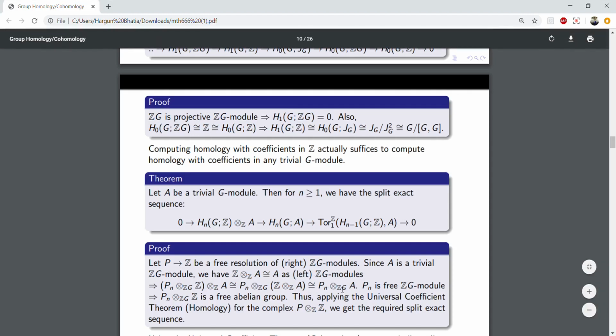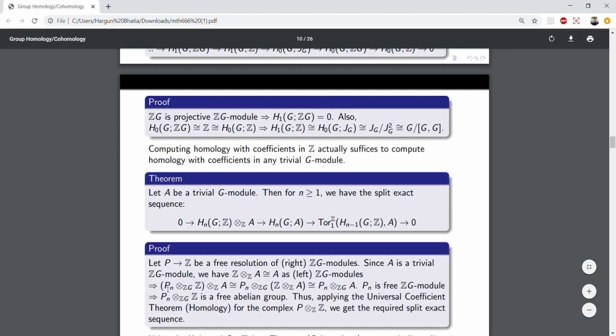But note that A is isomorphic to Z tensor over Z with A, because A is a trivial G module, and hence this becomes this, and now by the property of tensor product, this is isomorphic to this.